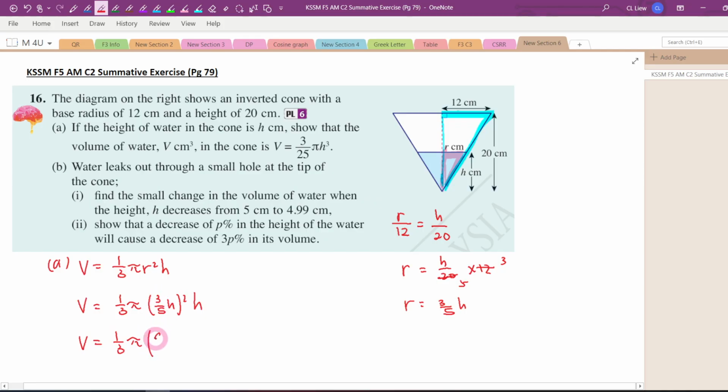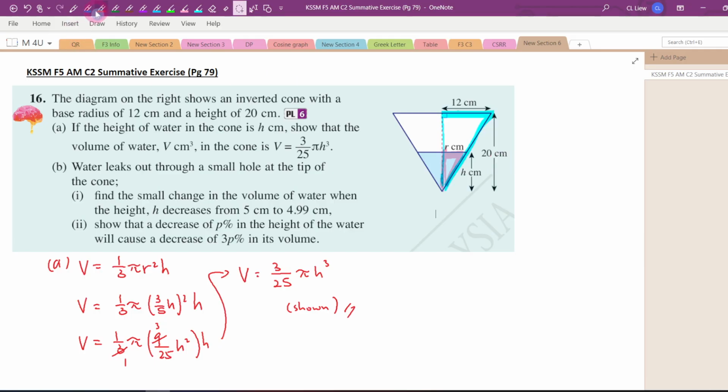So 3 squared you get 9, 5 squared 25, h squared. One more step: volume is equal to, you can simplify, divided by 3. Eventually you will get 3 over 25 pi h cubed. Okay, shown.